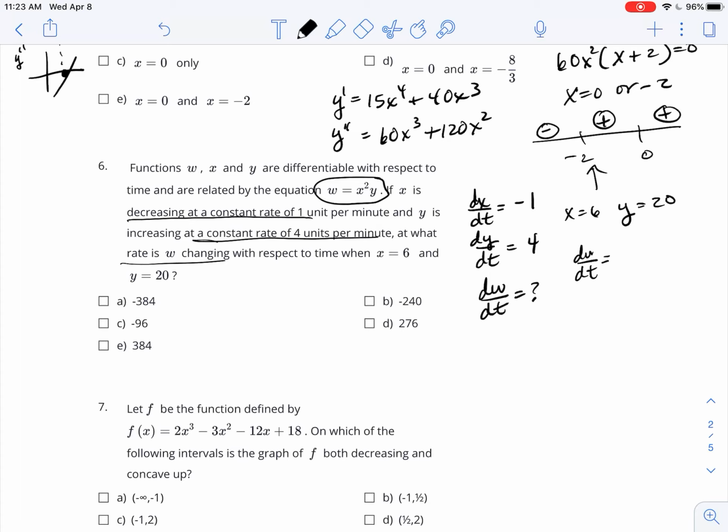So if I find the derivative of this function, dw/dt is equal to, and this is going to be the product rule. So derivative of the first times the second, plus the second times derivative of the first.